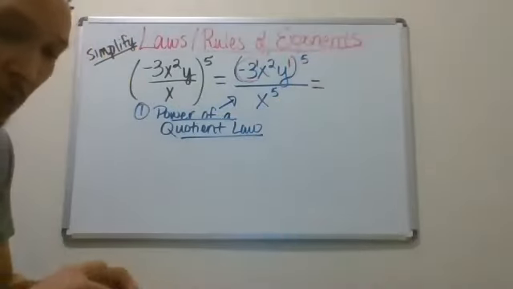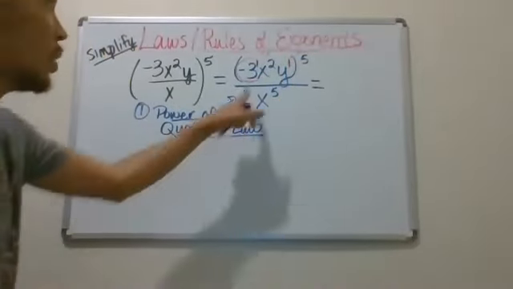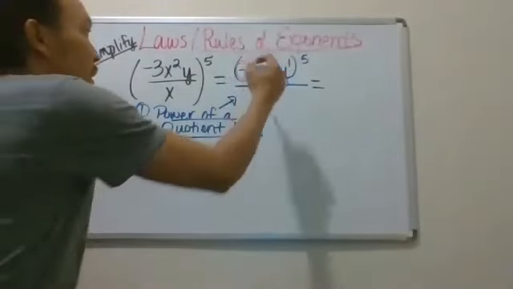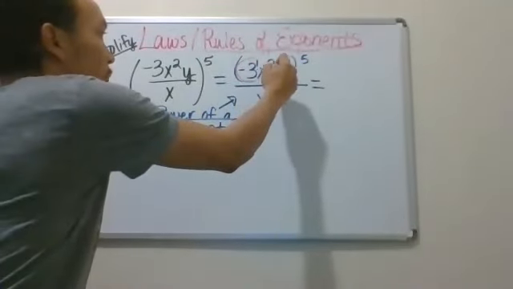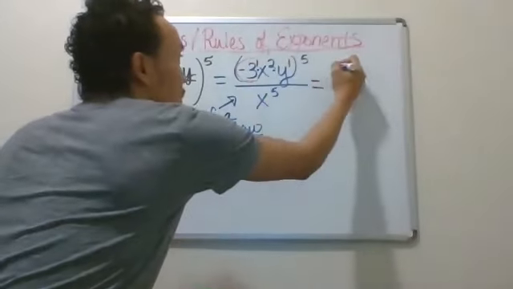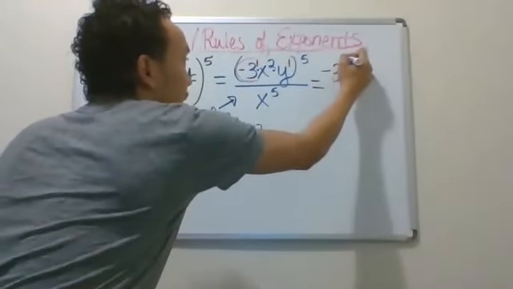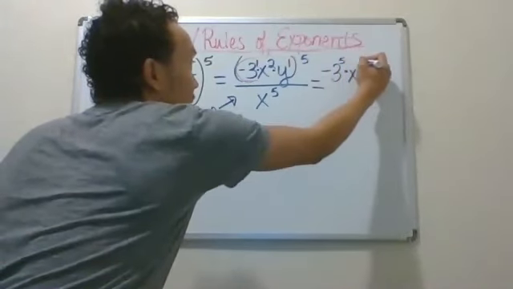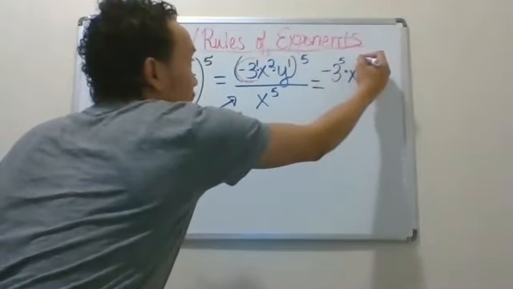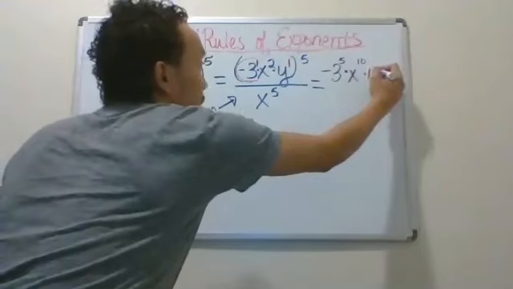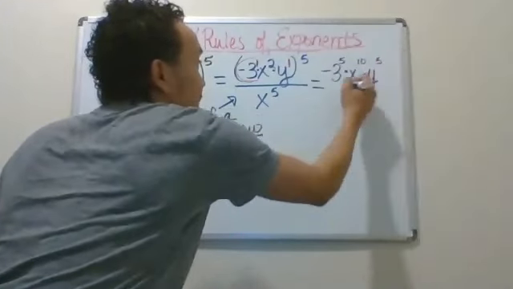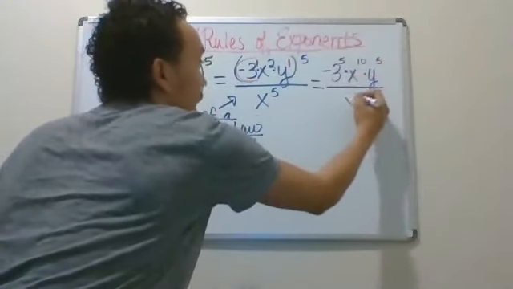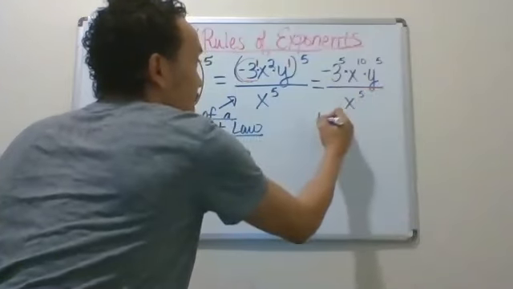So now what we're going to use is power of a product, because all of these numbers are being multiplied together, which is going to give me negative 3 to the 5th power times x to the 10th power times y to the 5th power, all divided by x to the 5th.